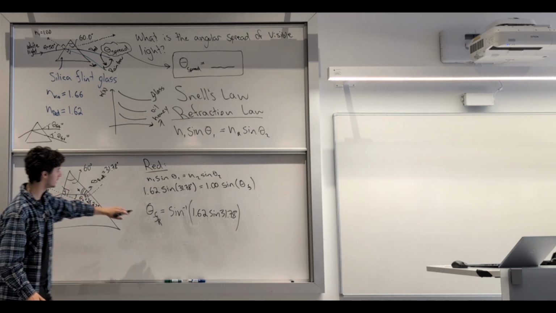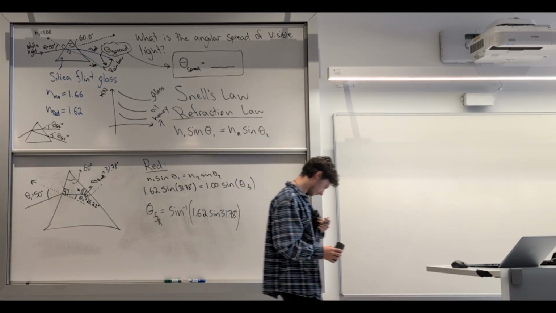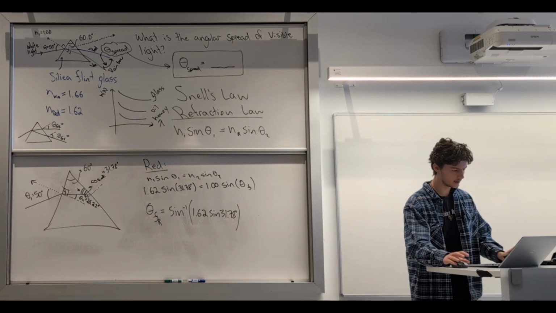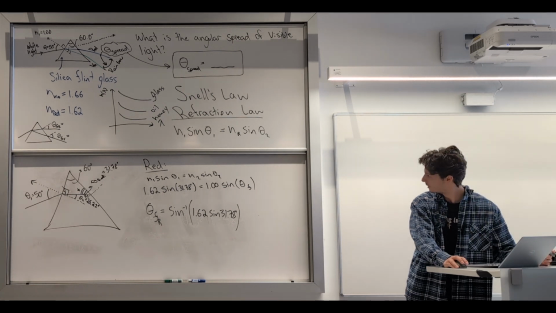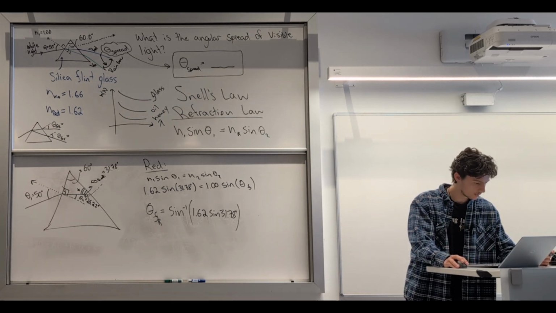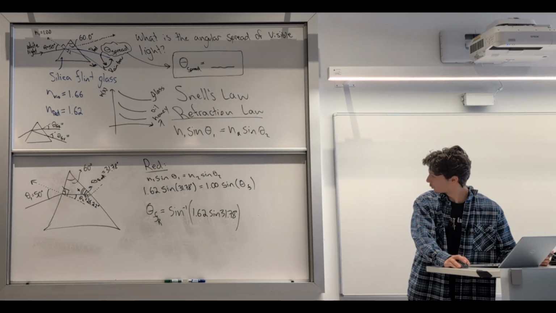And what we're working on here is just the final angle for the red. Alrighty, back to the calculator. Let's do sine inverse of 1.62 times sine of 31.78.